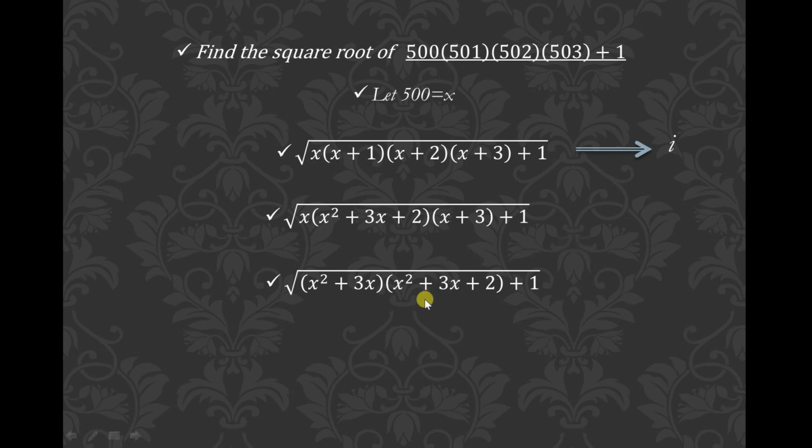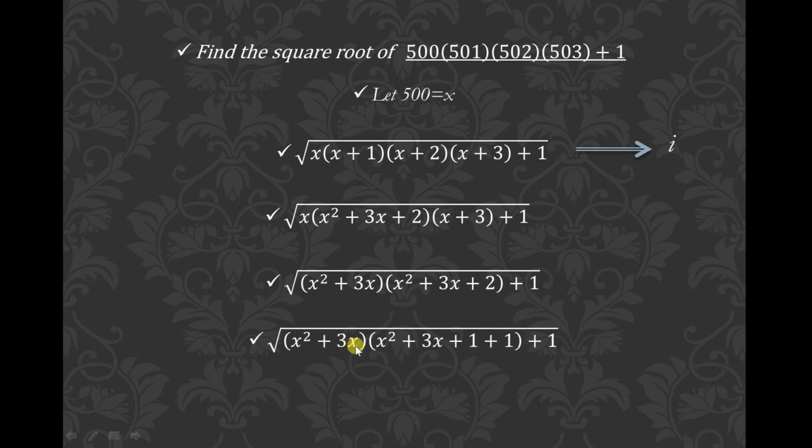Now what can be done? Now we can write this 2 as 1 plus 1. If I write this 2 as 1 plus 1, then this x square plus 3x and x square plus 3x plus 1, these two terms can be multiplied. This x square plus 3x can be multiplied with this 1.